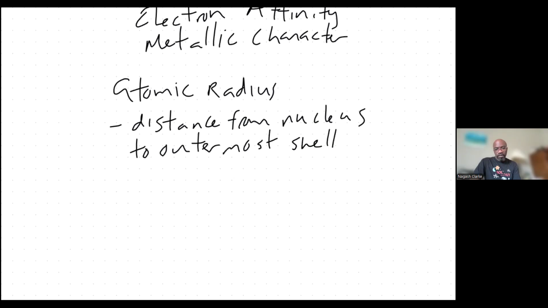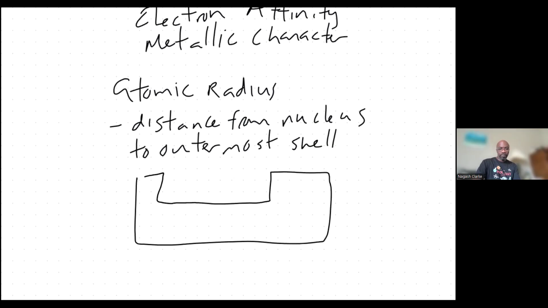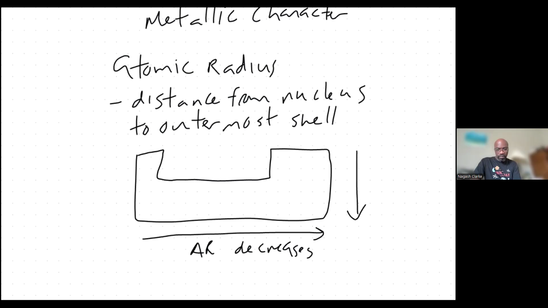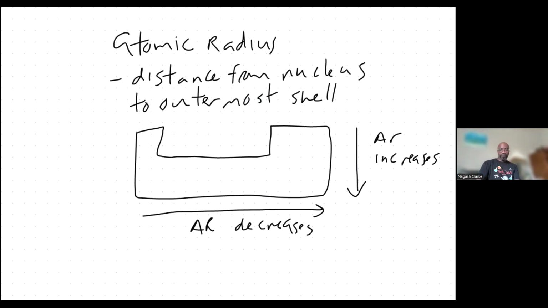We find that with a periodic table. There's a schematic of the periodic table. We find that atomic radius, called AR, decreases across, and atomic radius increases down. So why is that?